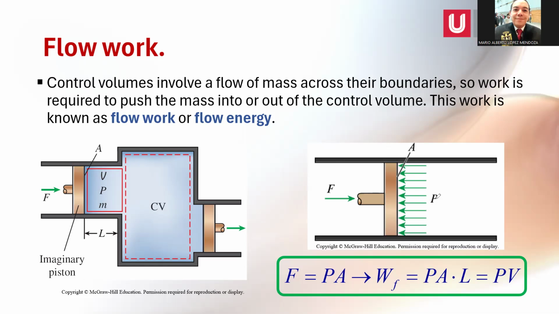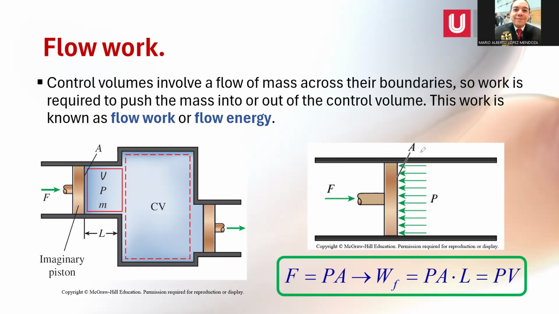So this force that we must apply in order to introduce the fluid into the control volume will depend on the pressure of the fluid and obviously the cross-section area of the imaginary piston.